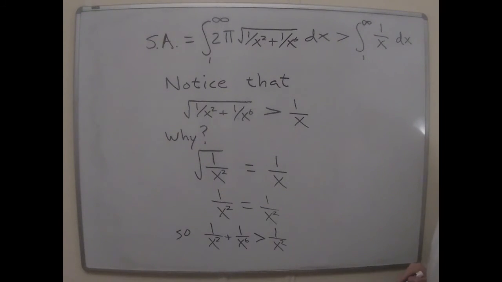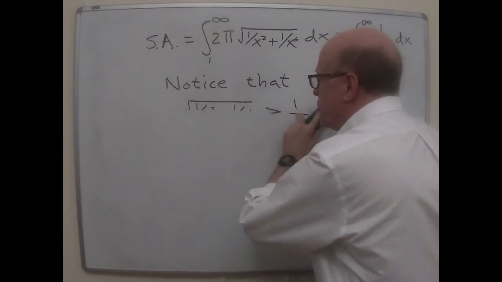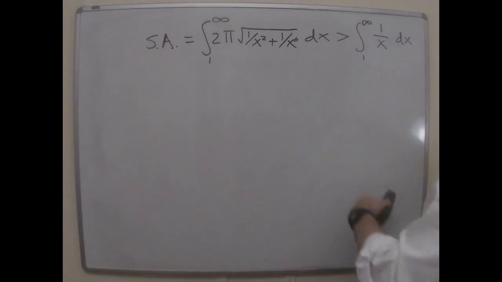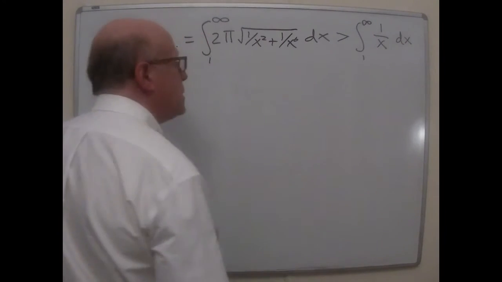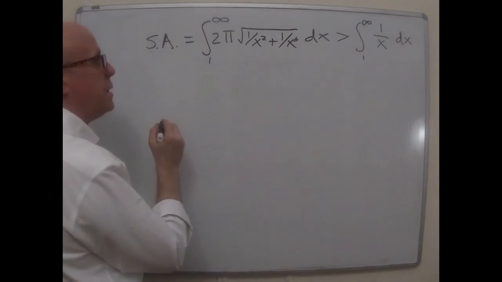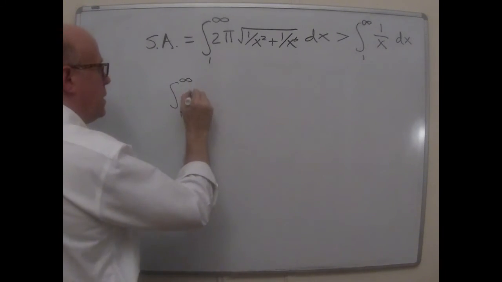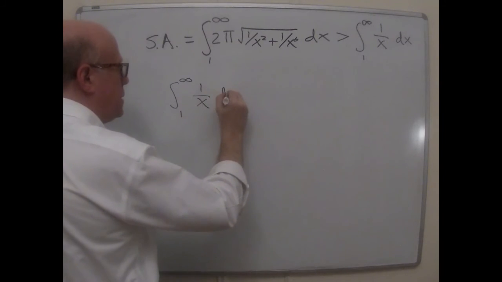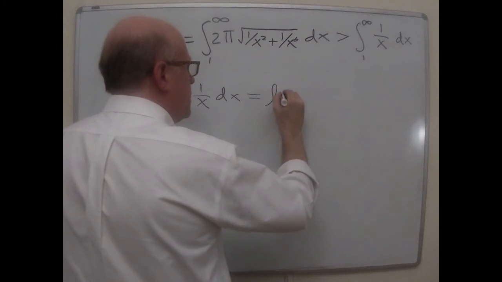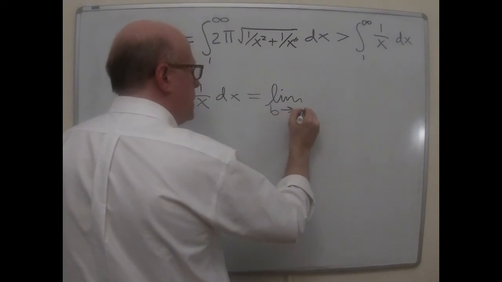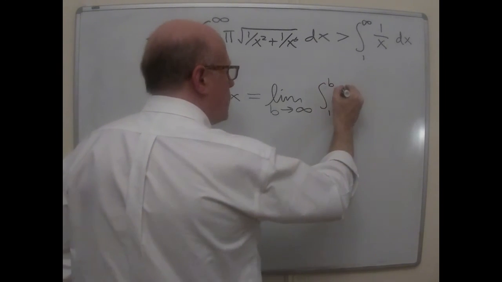Great, so let me take a second and scrub the board. But let's leave this part that's at the top so we can see where we're heading. I want to show that 1 over x integrated from 1 to infinity is infinite. So that integral, 1 to infinity of 1 over x dx, is equal to the limit with b going to infinity of the integral that just goes from 1 to b, 1 over x dx.